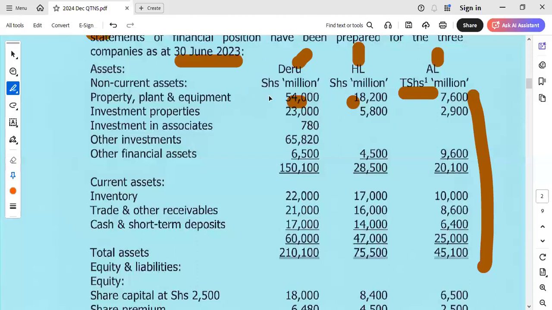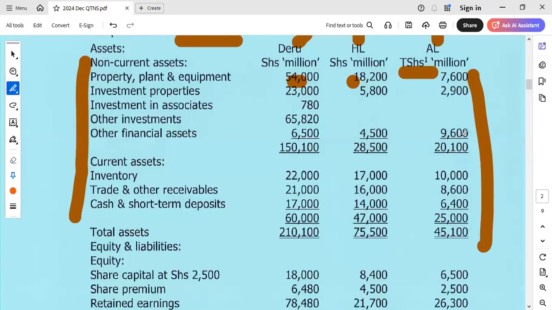So as we consolidate, we raise the template like this. Then, of course, as we get property, plant, and equipment, we get this 54 plus 18,200 plus this figure, but in shillings. So we need to first translate these things.